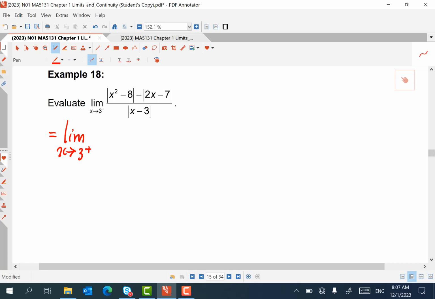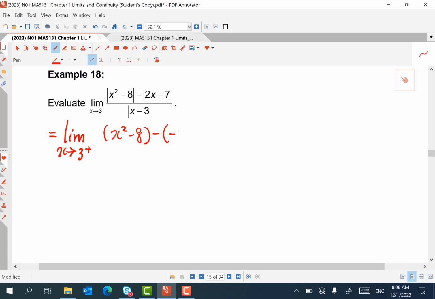So therefore, this portion here will be positive. So therefore, you will open up this thing as just x squared minus 8. How about the 2x minus 7? If x is tending towards 3 plus, what do you think about 2x minus 7?